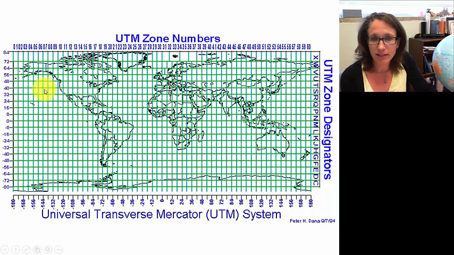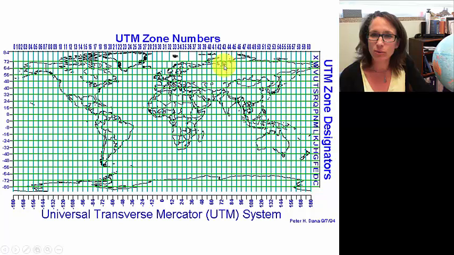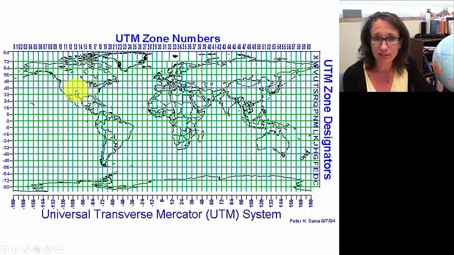Another really goofy thing is they do have some north-south designations, which are not necessary, because really all you need is are you north or south, and what are your coordinates? So you don't need to say we're in zone 12W. But on your Garmin, it will tell you you're in zone 12S here in Grand Junction, which is just a little bit confusing because S can also be used to represent zone 12 south.